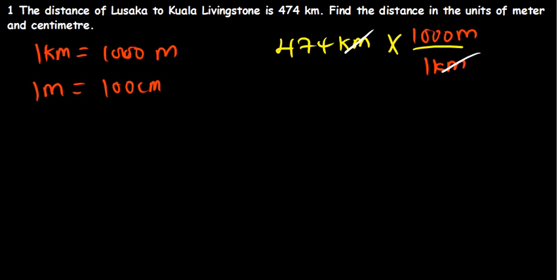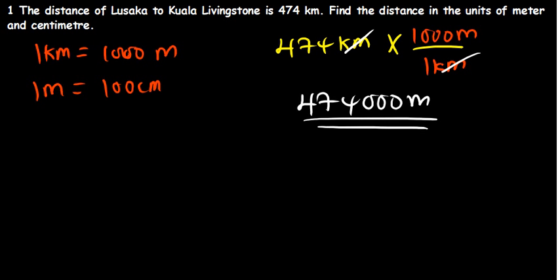Then I just need to say 474 times 1000. I just add these three zeros, meaning now this is in meters. So I've converted 474 kilometers to meters.